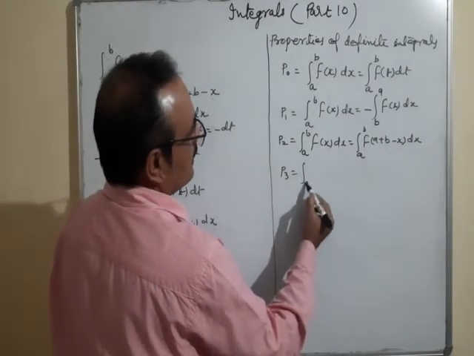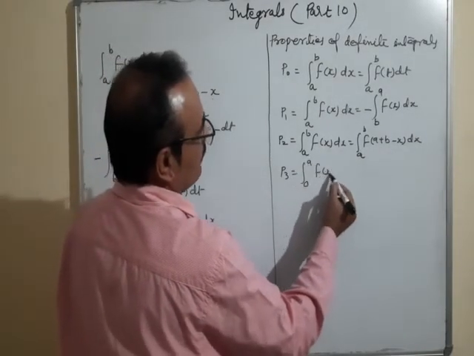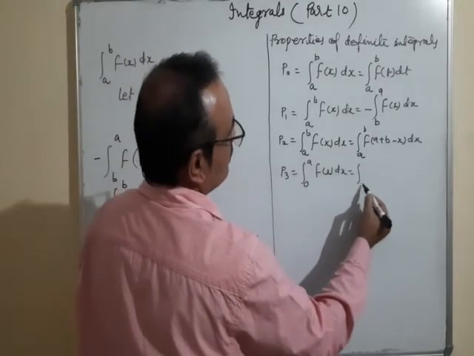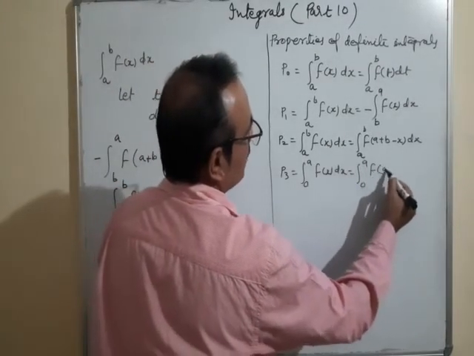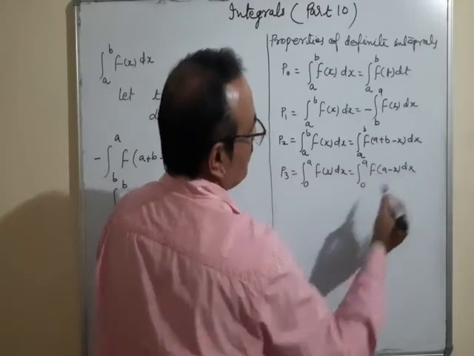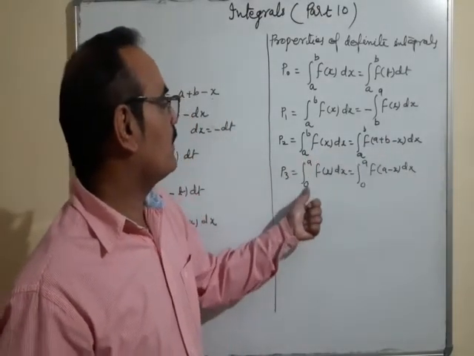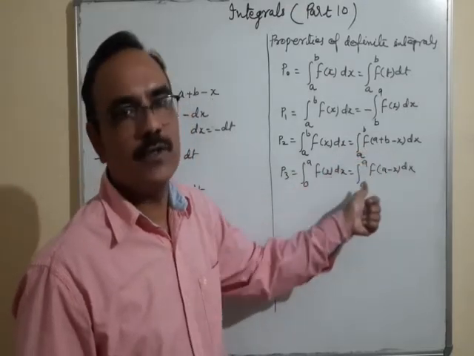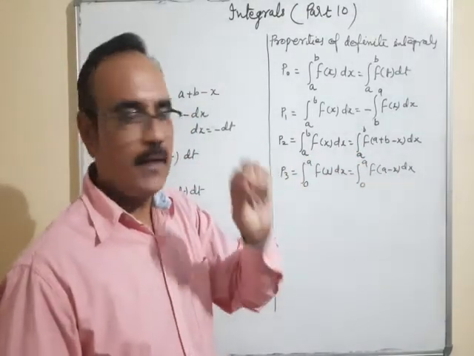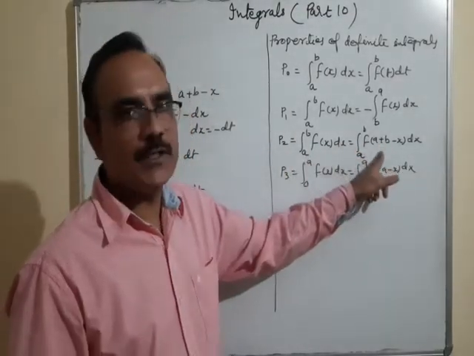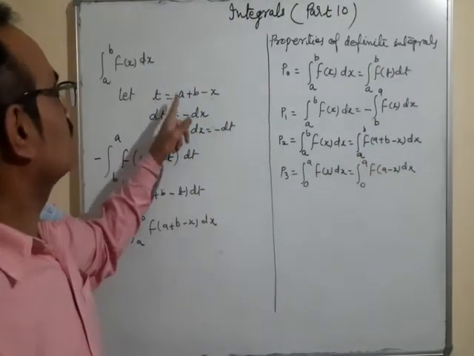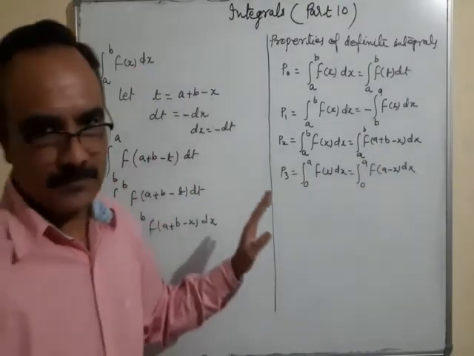One property, P3, is on the same pattern. If it is given that integral 0 to a f of x dx, then simply we can write here integral 0 to a f of a minus x dx. Nothing special in it, only the same condition: lower limit in place of a, if you put 0 here, you get the result. In place of a, if you put 0, that means t is equal to b minus x.